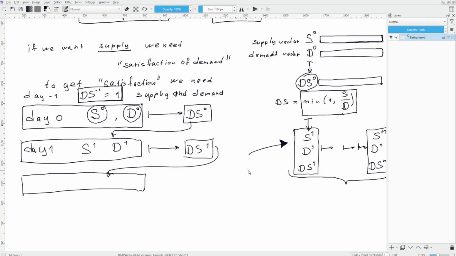We are matching the supply of the previous day with the demand of today. We have produced something yesterday, and now we can use this supplied amount to actually produce. We match this supplied amount with the demand of the current day, and we manage to supply a new amount of goods.